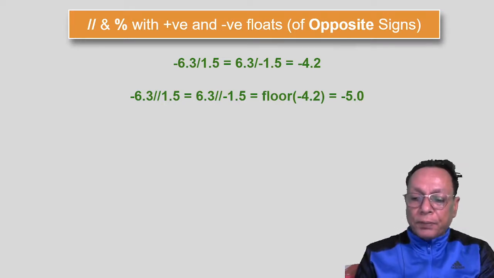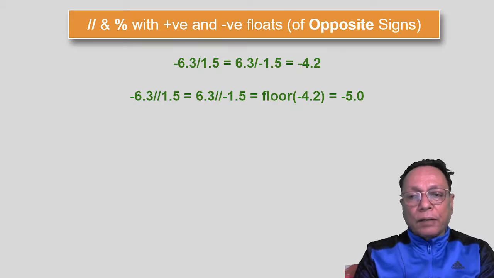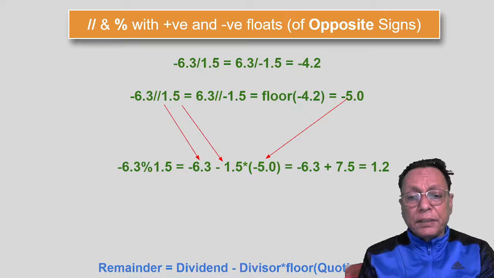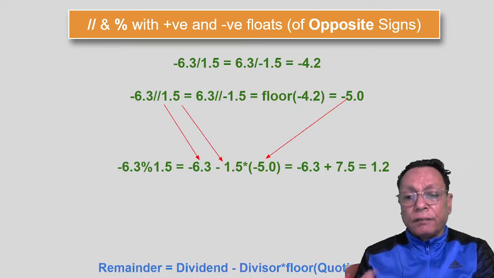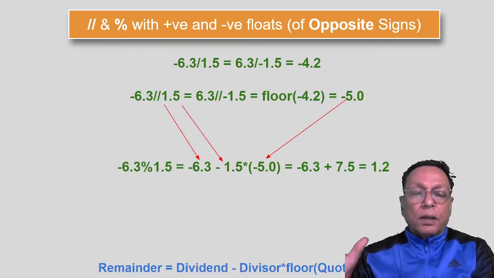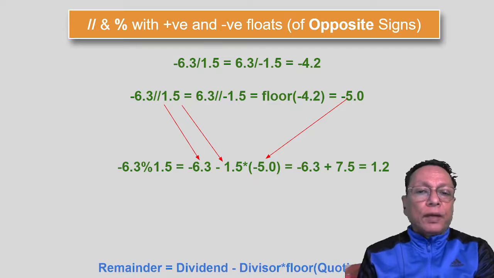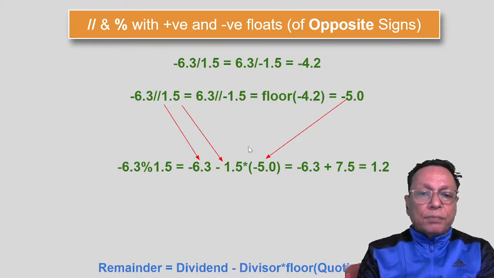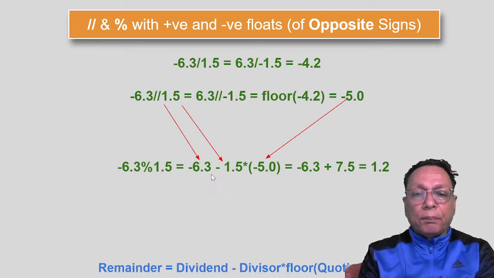And how to calculate the remainder? Just have a look at this. The relation is remainder equals dividend minus divisor into floor quotient. So here we have two values, minus 6.3 and divisor 1.5. So see the relation, minus 6.3 modulo 1.5: dividend minus divisor multiplied by floor quotient.